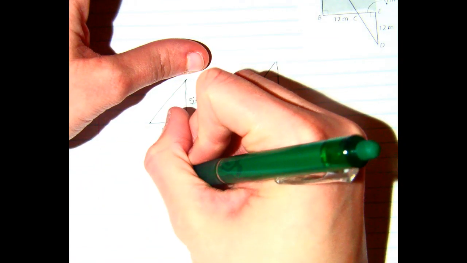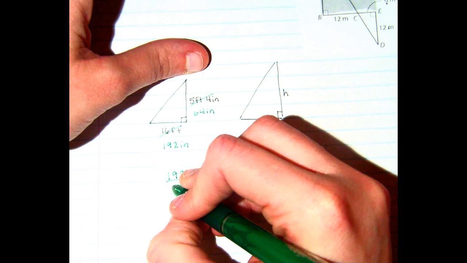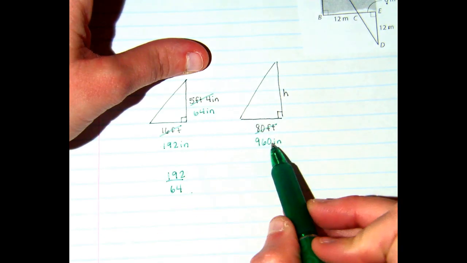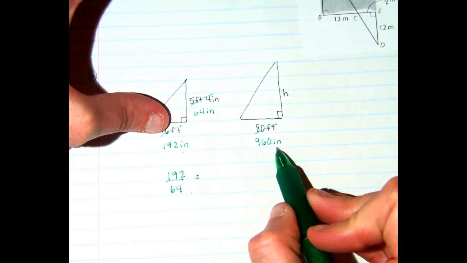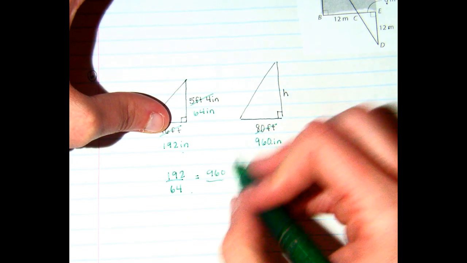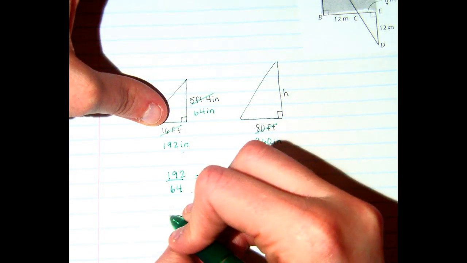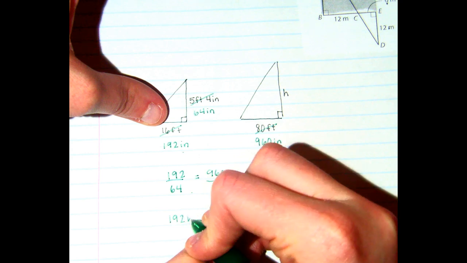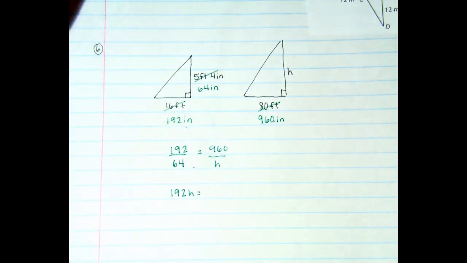But a proportion for this, you guys said was 192 over, I think, 64. You also could do 192 over 960. But 192 goes with 960 in the other triangle, and 64 goes with H. And I would cross multiply. So the other way does work, and will work right every single time, as long as you understand the way that the proportions go together.